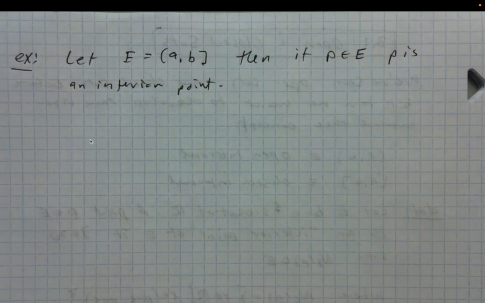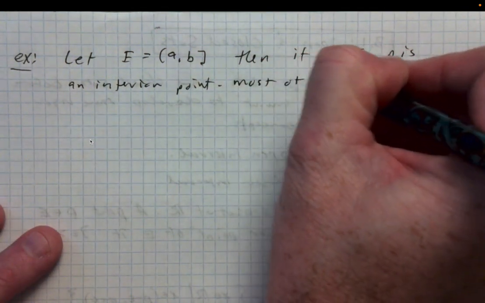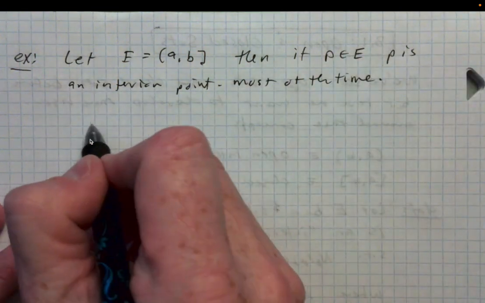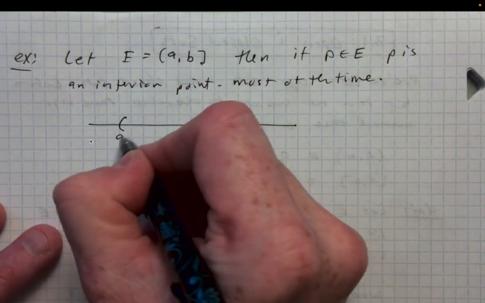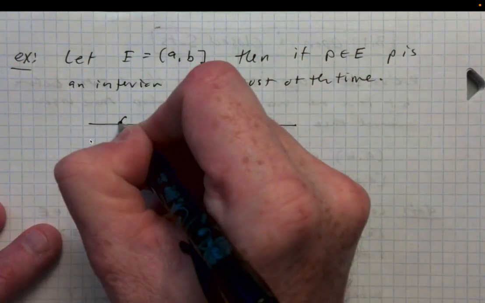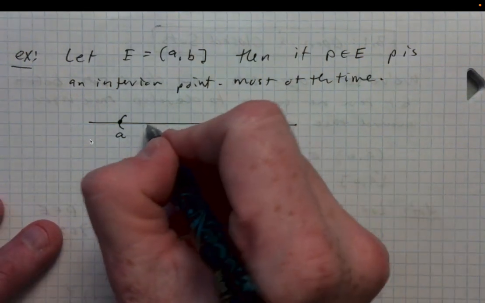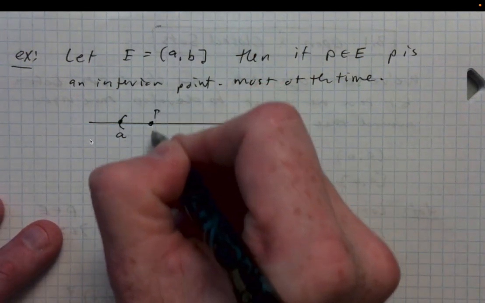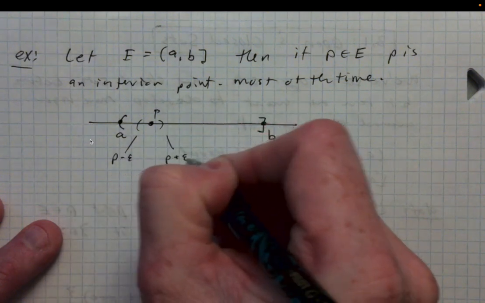Well, is it always an interior point? We'll say most of the time. Let's think about what this looks like here. Here I've got my lower endpoint, A, and here I've got my upper endpoint, B. Most of the time I can think of P as being like this, and then this is P minus epsilon, and that's P plus epsilon.